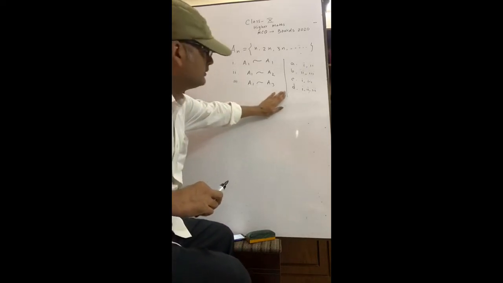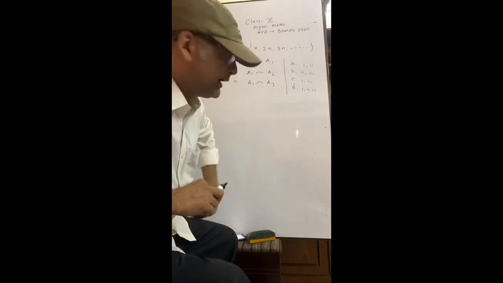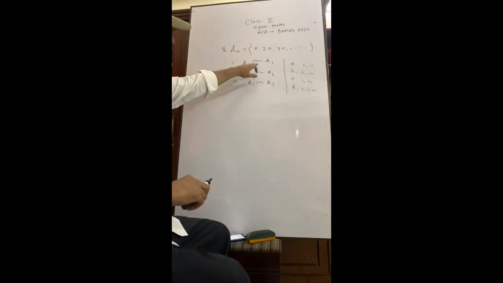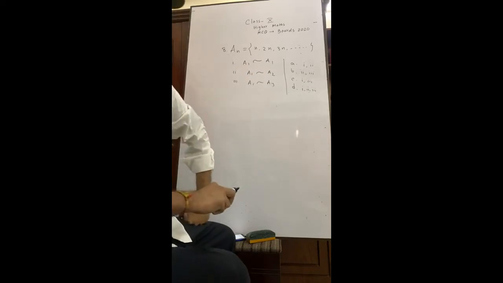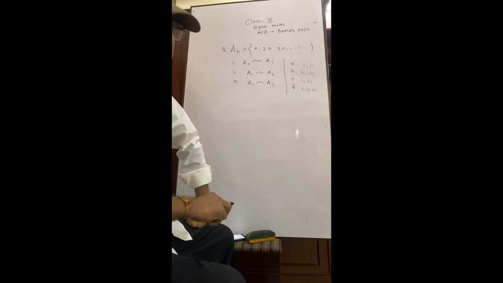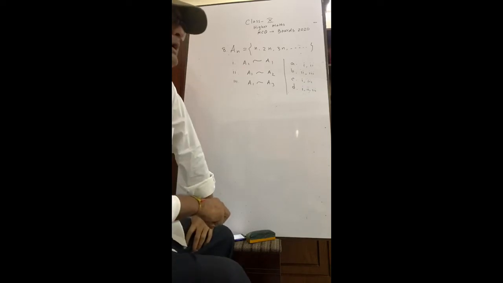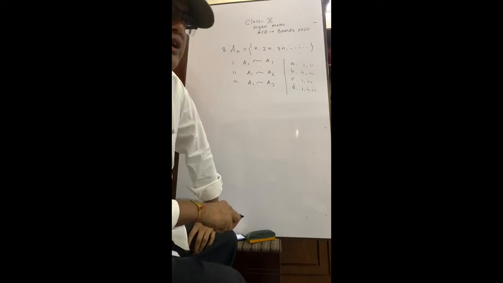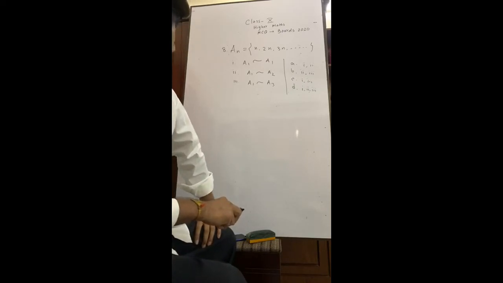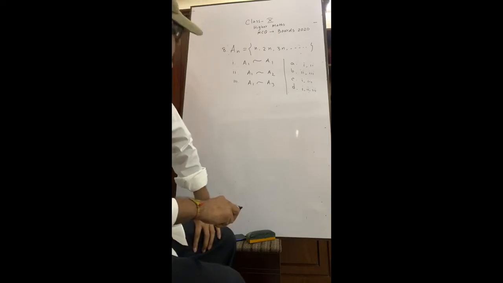Can you tell me what is the meaning of this sign? The meaning of this sign is equivalent. If two sets are equivalent, that means they are in one-to-one correspondence.